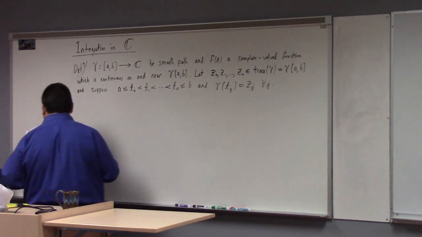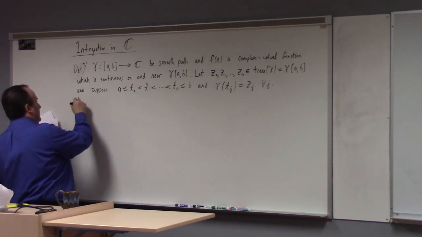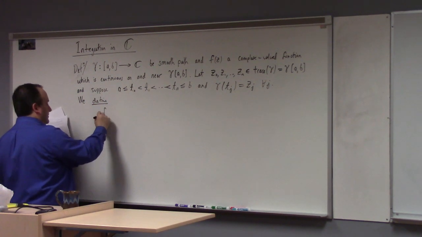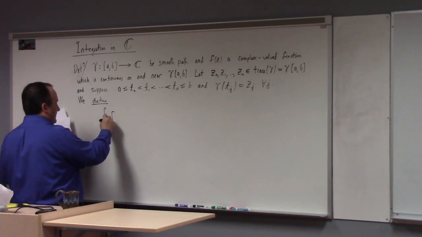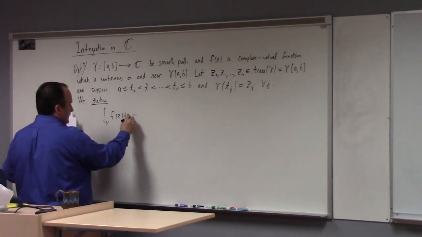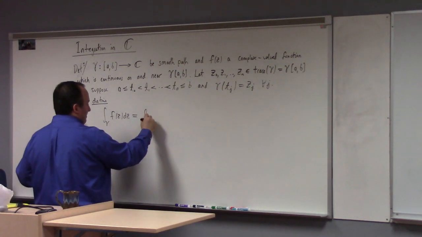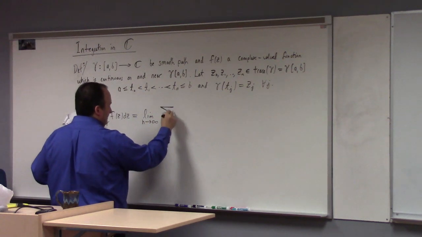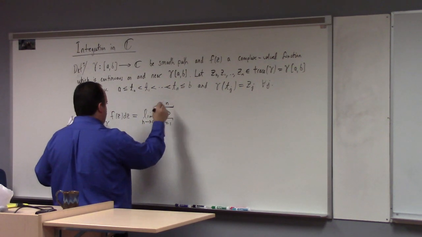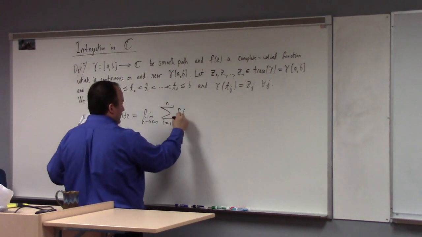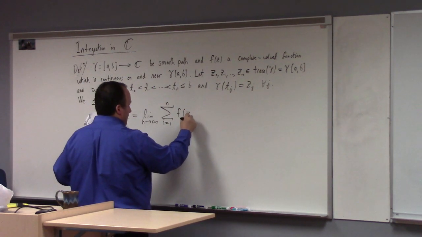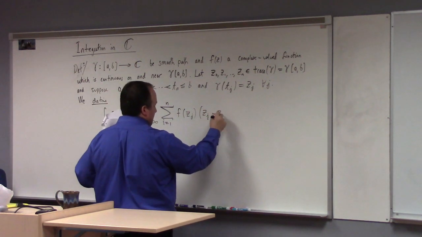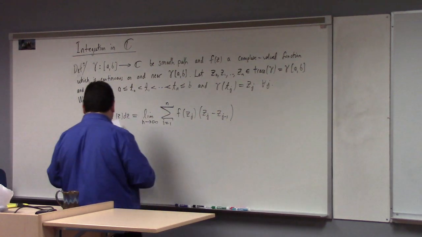All right. And all that's the setup. We define the integral along gamma of f of z dz equal to the limit as n goes to infinity of the sum from j equals 1 to n of f of zj times zj minus zj minus 1.